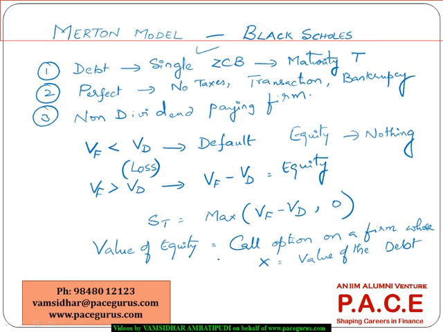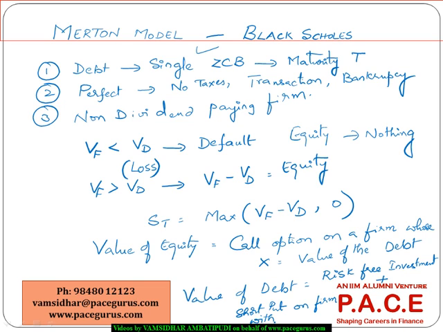The same logic we have extended to the value of the debt. I could consider the value of the debt as a risk-free investment along with a short put option on the firm, with the strike price equal to the value of the debt itself.